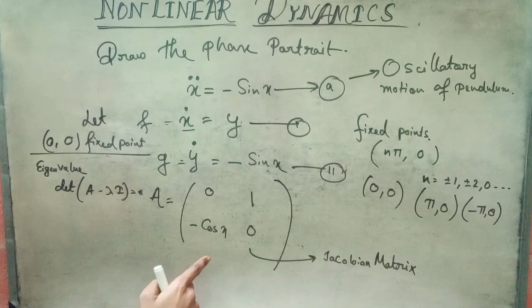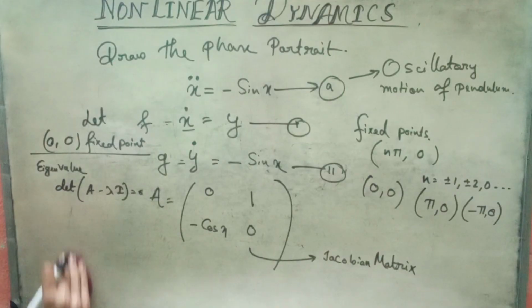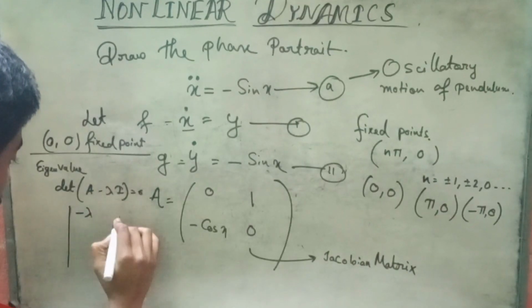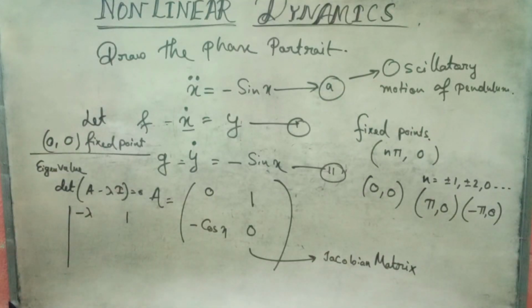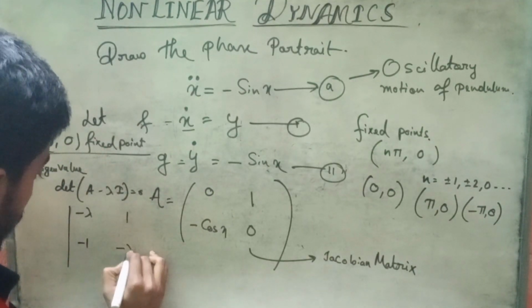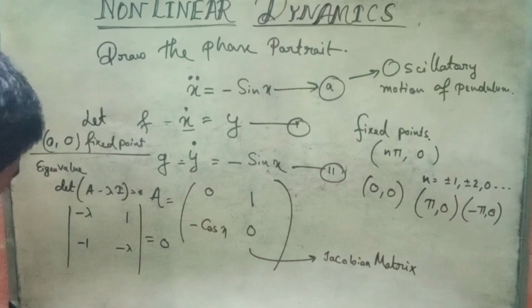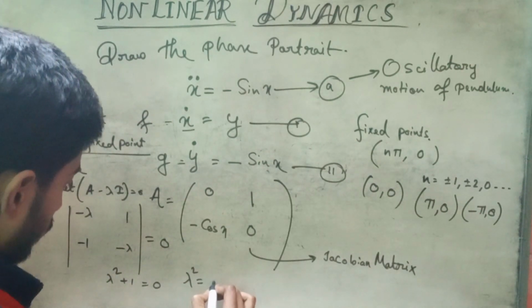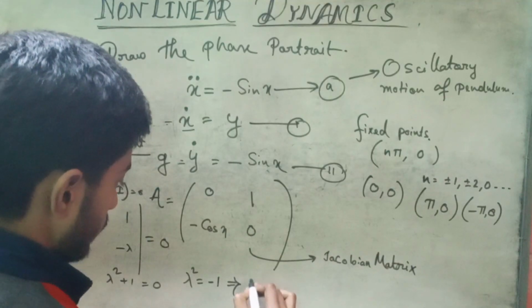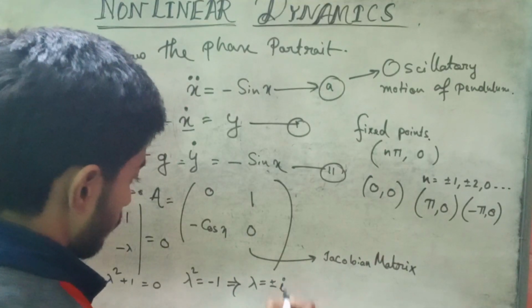So minus lambda, 1, this is 0, cos 0 which is minus 1, this is minus lambda, which equals 0. So lambda square plus 1 equals 0. So lambda square equals minus 1, which implies that lambda equals plus minus i, right?